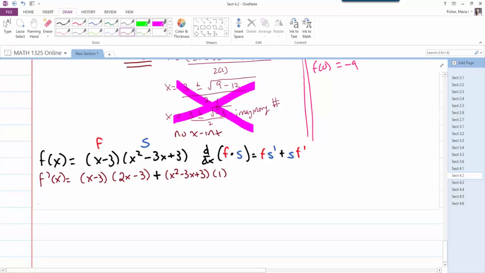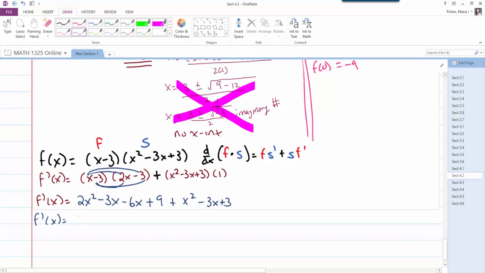And if I clean this up, f prime of x is going to equal, well, if I FOIL this out here, x times 2x is 2x squared, x times a negative 3 is negative 3x, negative 3 times 2x is negative 6x, and negative 3 times 3 is plus 9. And this is going to be a plus x squared minus 3x plus 3, because anything times 1 is itself. Combine your like terms, and you end up with 3x squared minus 12x plus 12. So that's my first derivative.